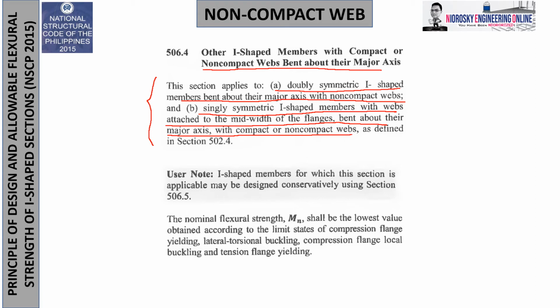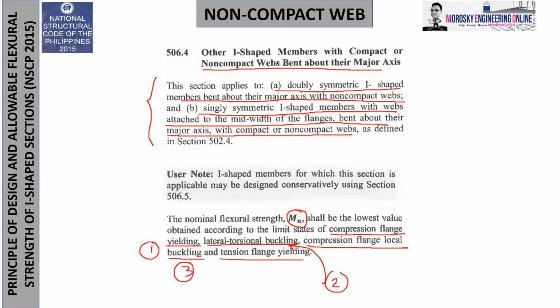Ngayon, how do we select the nominal moment? Okay? Shall be the lowest among these following. Compression flange yielding, number 1. Lateral torsional buckling, that would be number 2. Compression flange local buckling, number 3.